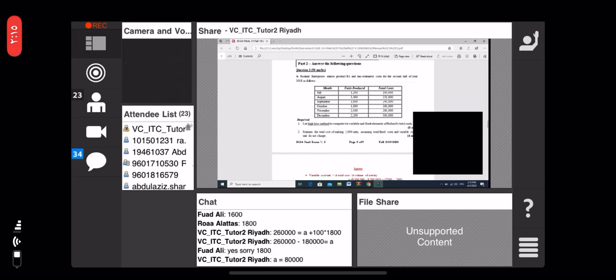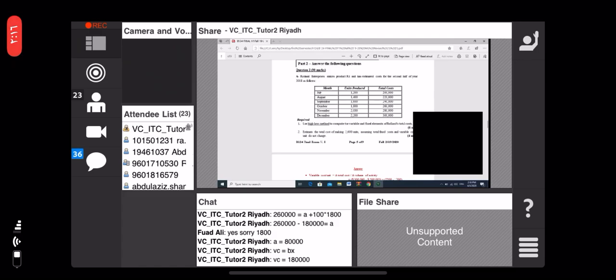Okay, so what is the amount of variable cost? Variable cost amount will be equal B multiply X. So variable cost, it is equal 180,000.